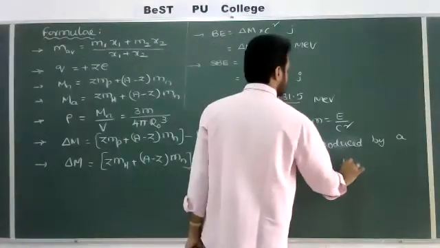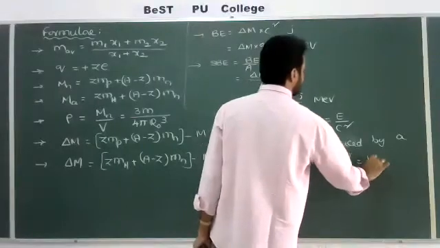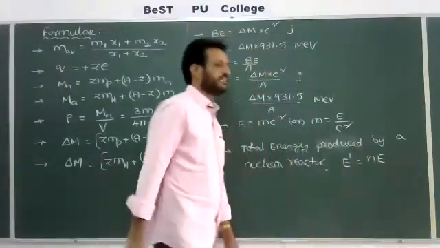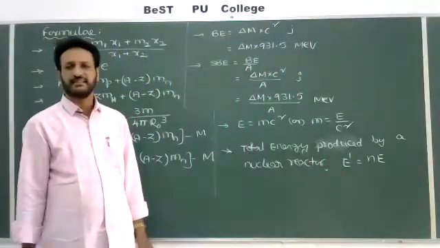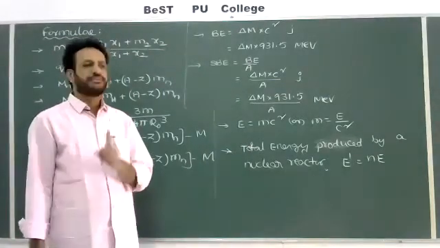I'll write E dash is equal to N into E. E dash is equal to N into E. E means energy released per fission.